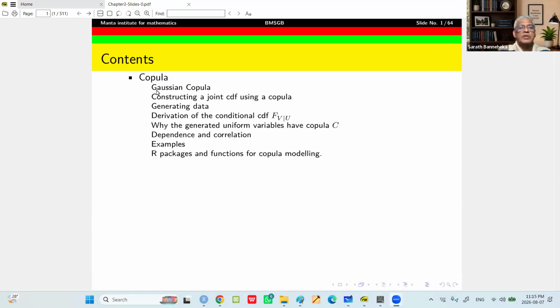We discussed what a Gaussian copula is and some theory regarding how to construct a joint CDF using a copula, how to generate data, and then we looked at some theoretical examples. In this video, we are going to look at some specific examples and also a brief discussion about R packages and functions available for copula modeling.